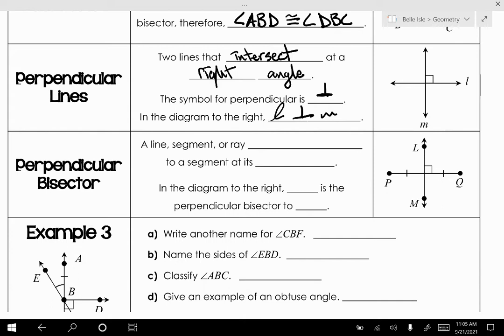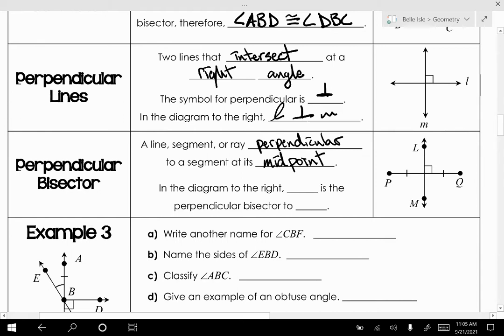Perpendicular bisector. A line, segment, or ray perpendicular to a segment at its midpoint. Okay.